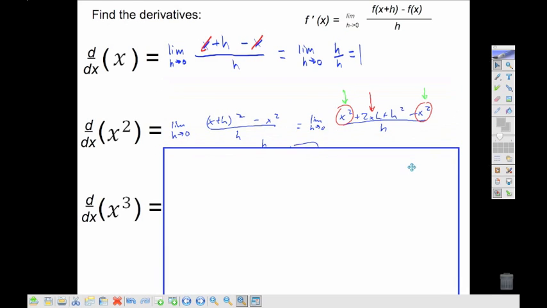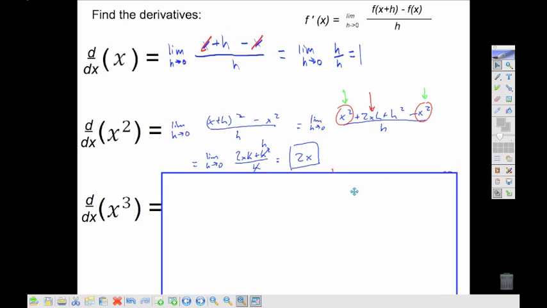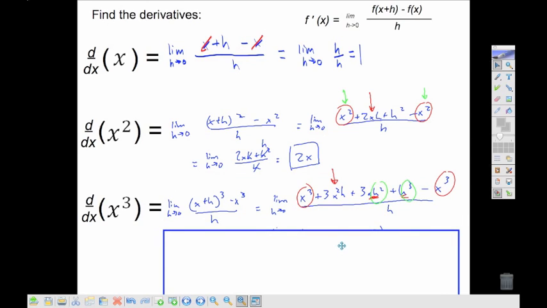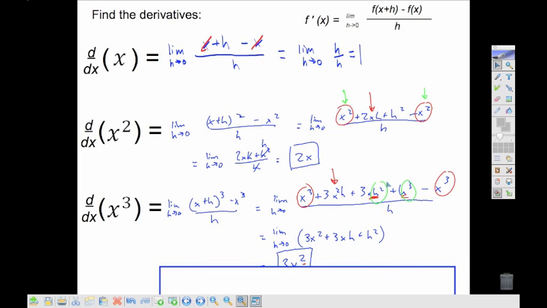If I did x squared, again, when we multiply this out, the x squareds are going to end up canceling each other out. We'll have this little bit left over, which is going to leave us with, after we cancel out the h's, 2x. Same thing with the cubes, that the x cubed terms are going to cancel out each time, leaving us with some x squareds with h's. After the h's cancel out, the only term that we're going to be left with is the 3x squared.